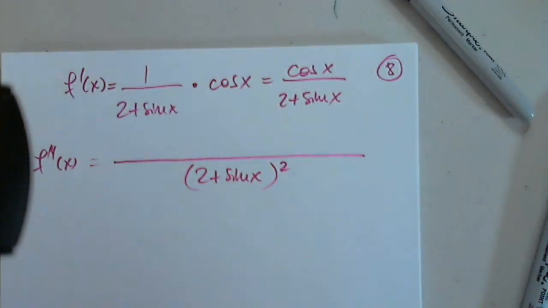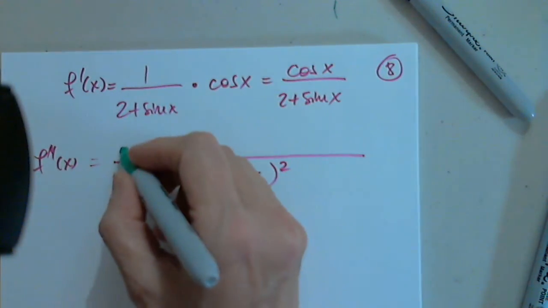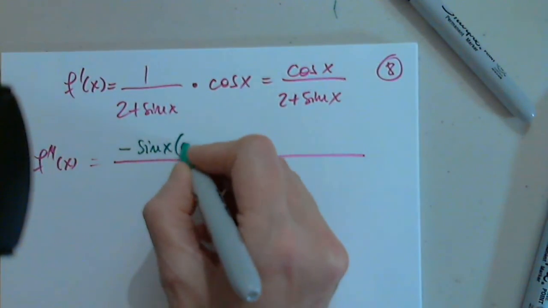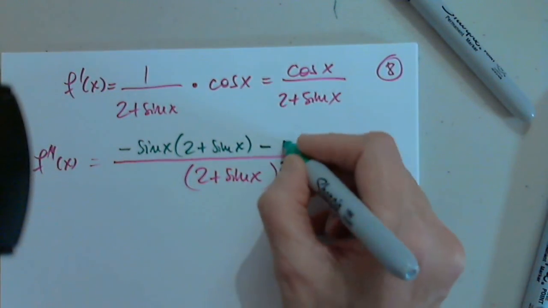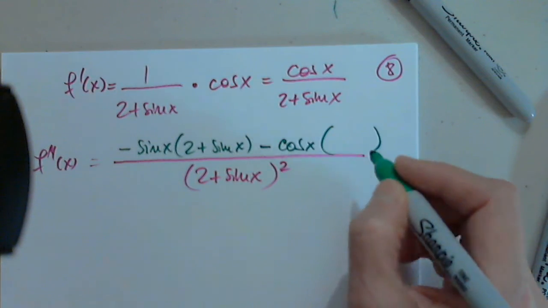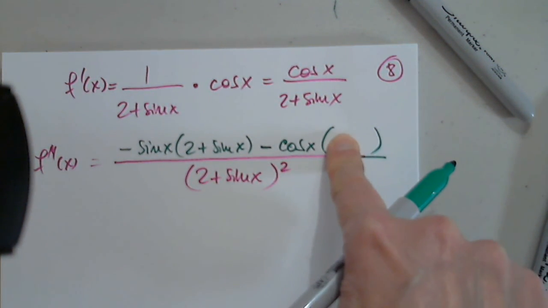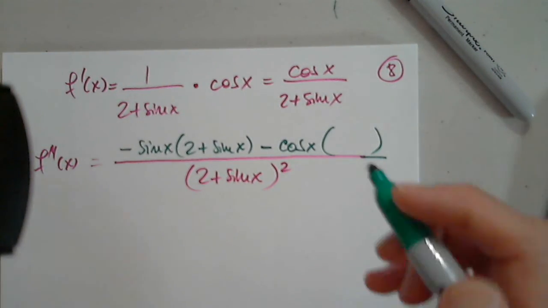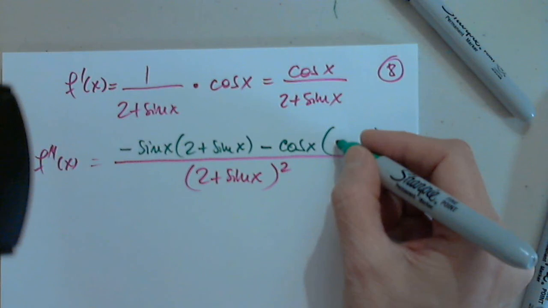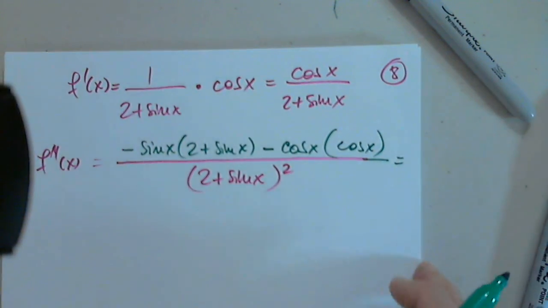So it's going to be 2 plus sine x times negative sine x, minus cosine x times cosine x. Very good, awesome, well done.